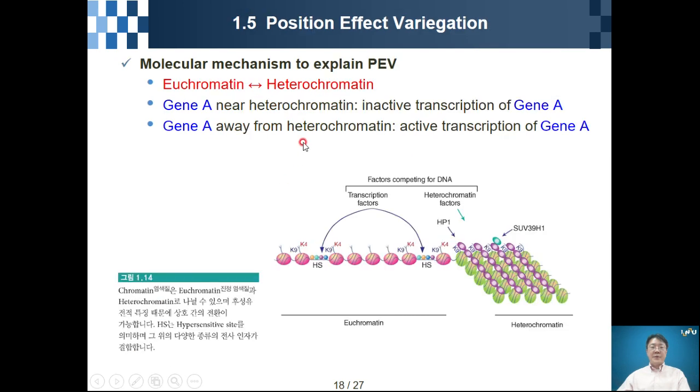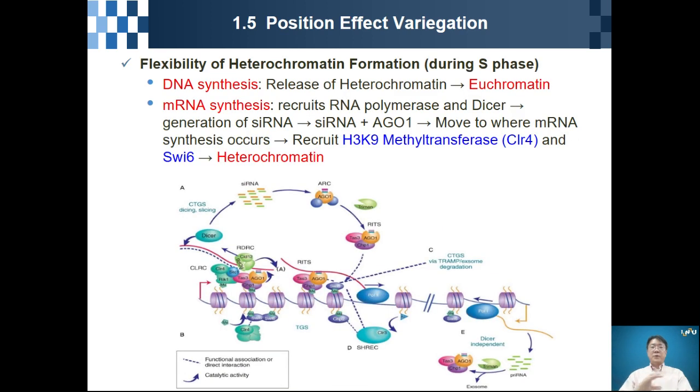The basic molecular mechanism of PEV is that euchromatin and heterochromatin are interchangeable. Sometimes euchromatin changes to heterochromatin, and heterochromatin changes to euchromatin. We also learned that this phenomenon usually happens during S phase, when DNA synthesis and mRNA synthesis happen.